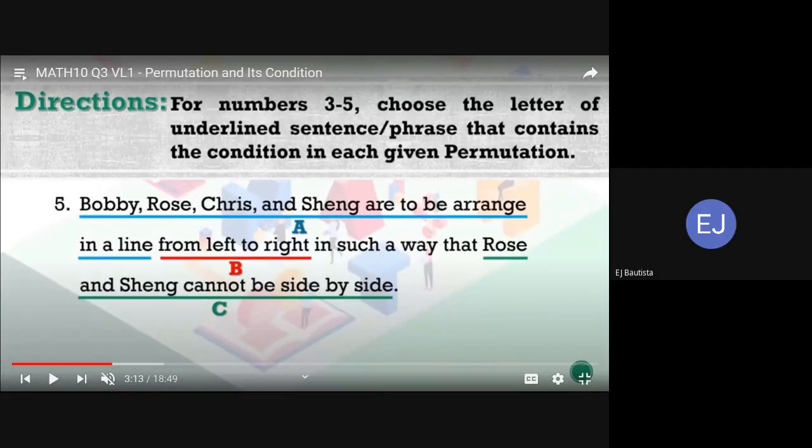Ano po, yung condition niya po, that ma-arrange in a line. Dapat daw ma-arrange in a line. C po. Pero baka B. C po. Why is it B? C ma'am.